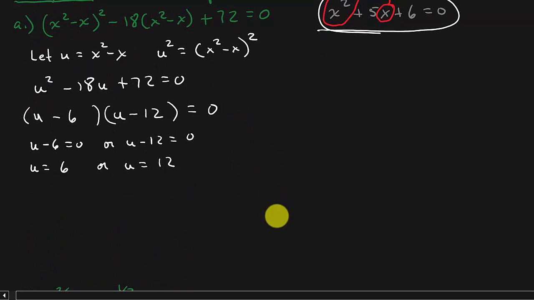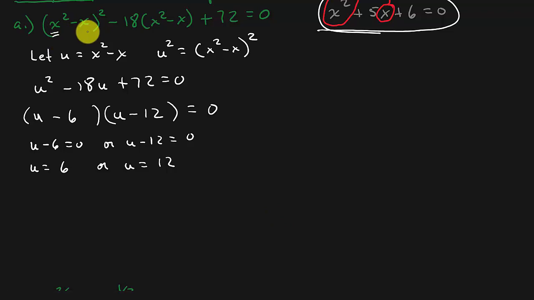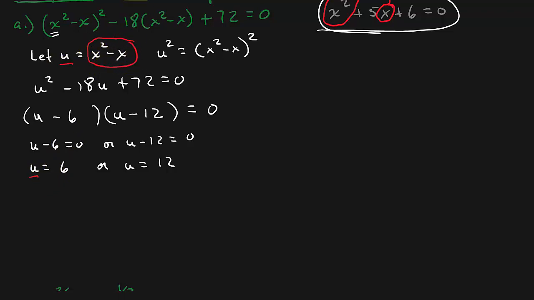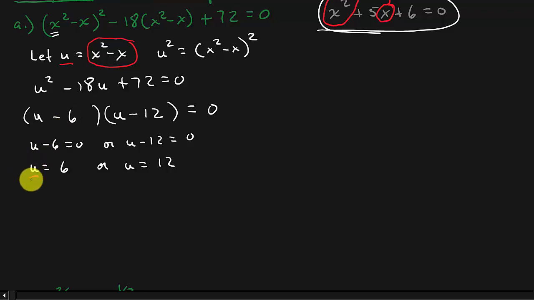Now, we're not solving for u. We have to solve for x. X is our variable. We need to know what x is. Well, we've got u equals 6. Well, what is u? U is x squared minus x. So I'm going to replace this u with x squared minus x.